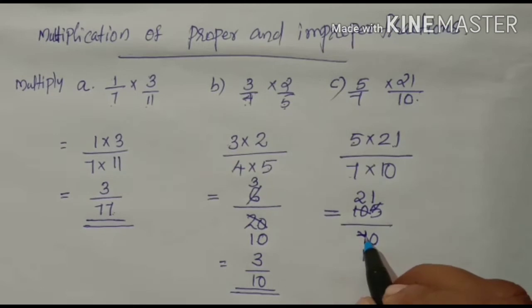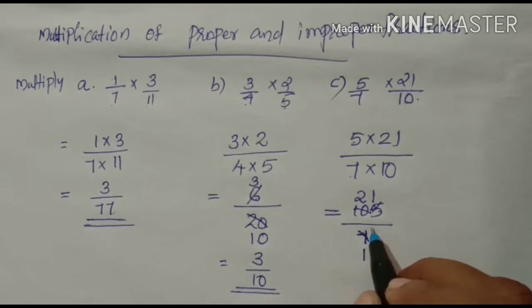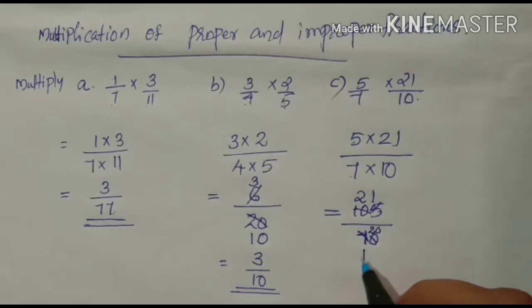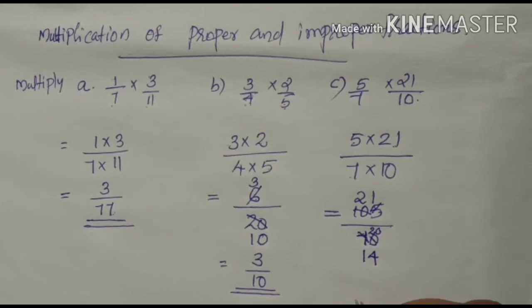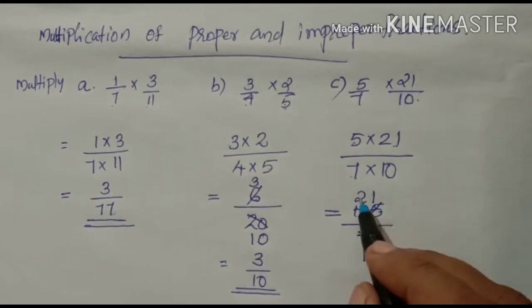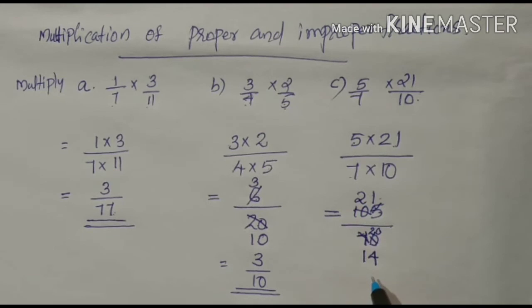In 7, 1 5 is 5. So we can write here 1 5. But here some balance is there. 7 minus 5 equals 2. So 2 is a carryover. Then this 0 becomes 20. In 20, how many times 5s are there? 4 5s are 20. So 21 by 14.